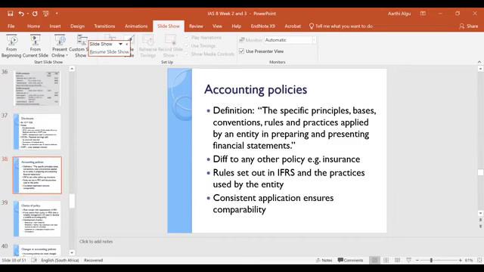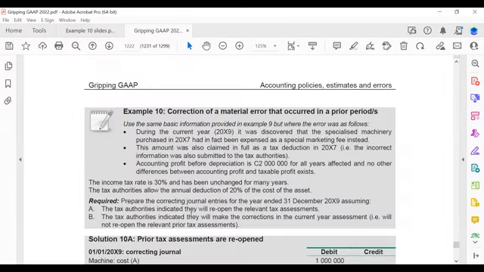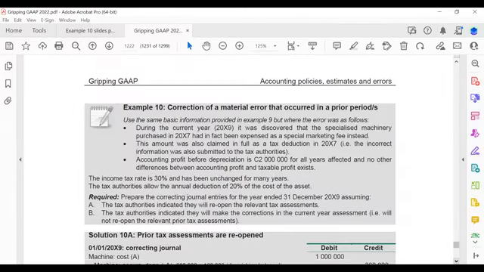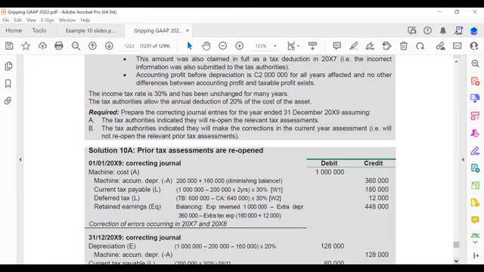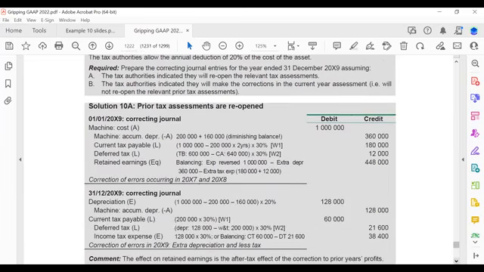Beg your pardon, I'm on the wrong page. Let's see if we can get this right now. Okay, so what have we completed then? We've completed the solution to 10A, but we've only corrected our opening balances on the first of the first X9.